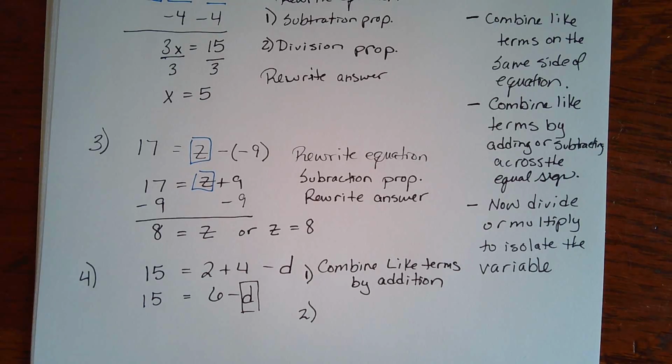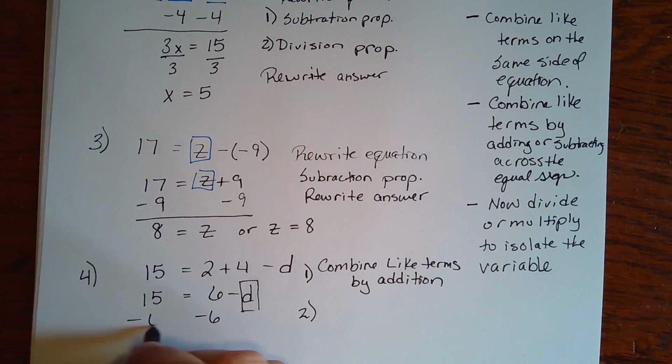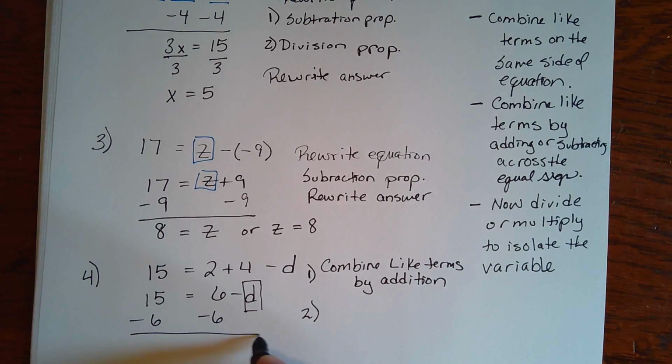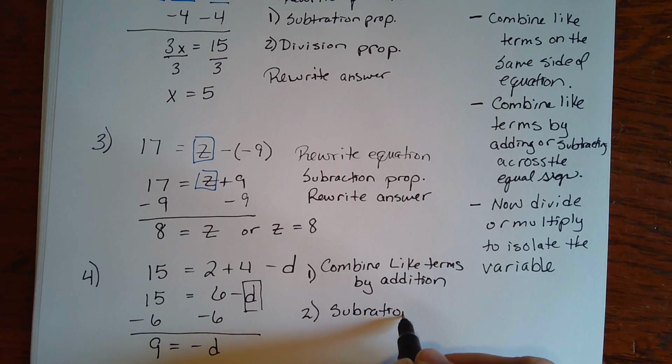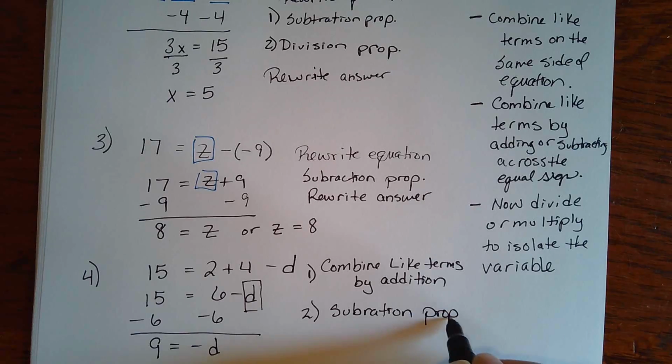So the addition 6 is going to become subtraction 6. So I'm going to subtract 6 across, and this becomes 9 equals negative d. So over here, we're going to say subtraction property.